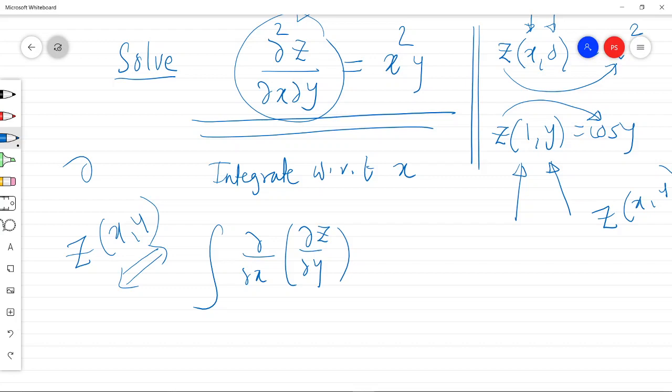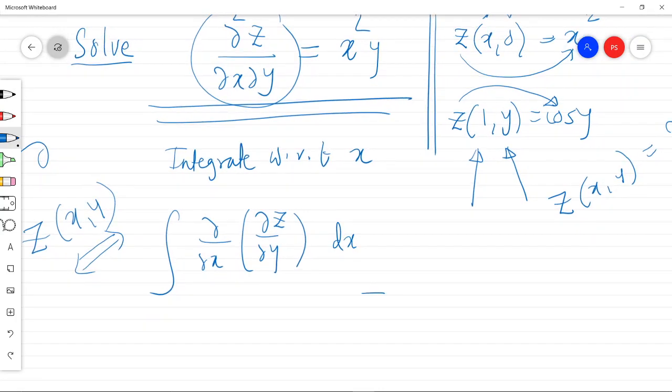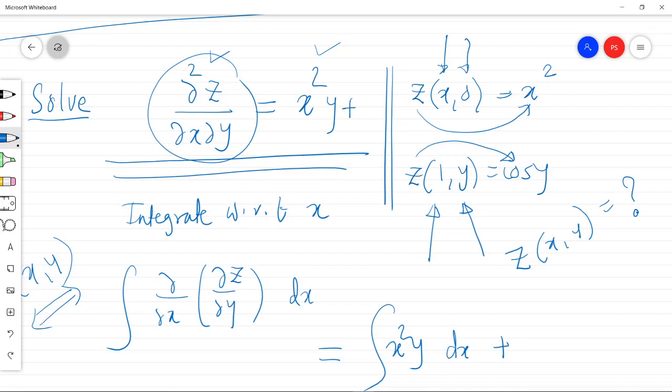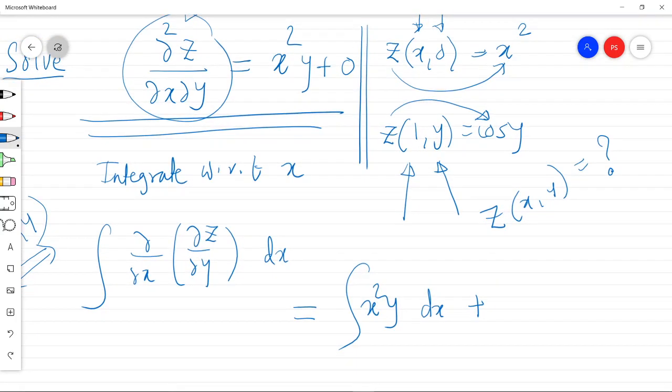Now since integration is with respect to x, we should write here a dx is equal to, on the right hand side, the integration of x squared y with respect to dx, plus, now remember that we have here a 0, so plus 0, and we note that since we have here 0, we can add here a function which is a function of y only.